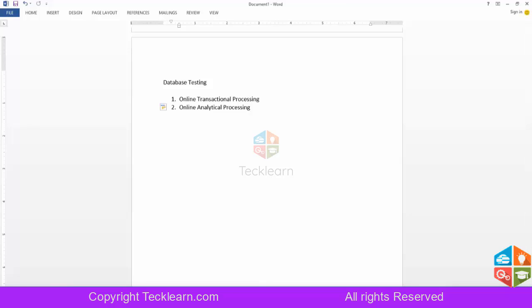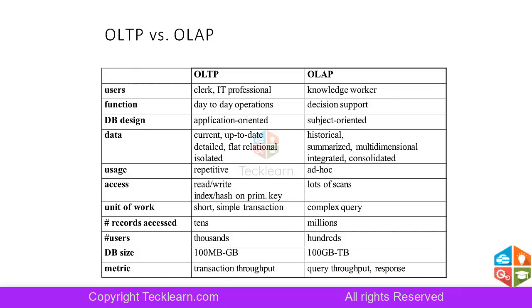So we have to understand what these two are and what the scope of these two is, so that we can test databases effectively. To understand the difference between these two, first you have to understand a little background of these two, what the need is and how they evolved.